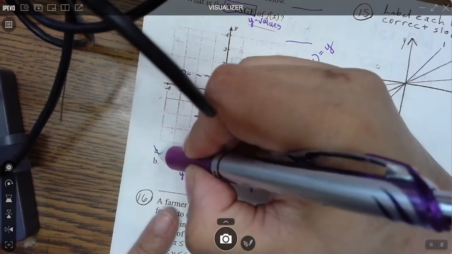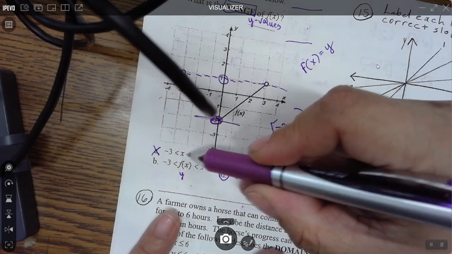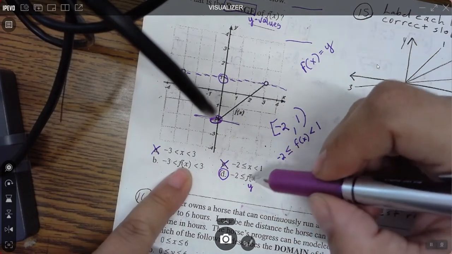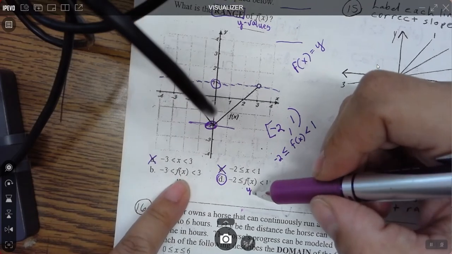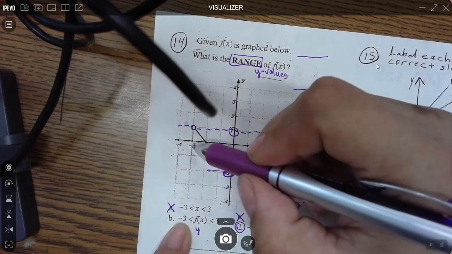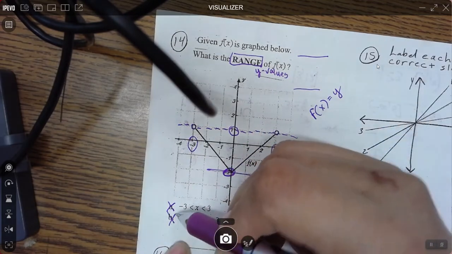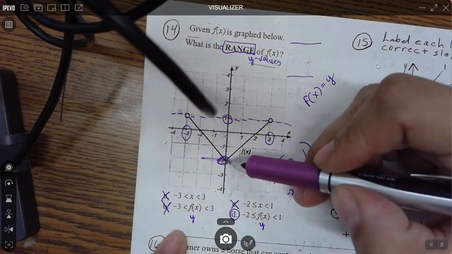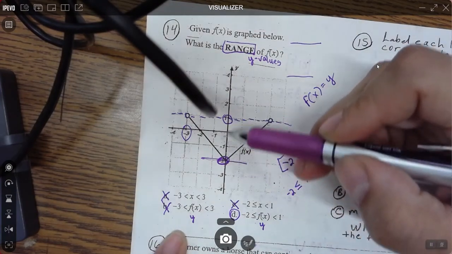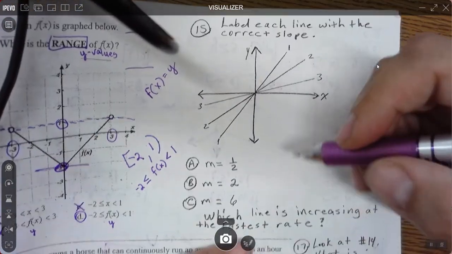It's definitely not this one and not this one, because x refers to the domain. F of x refers to the y. Now they try to trick you by doing -3 and 3, right? But those are x values, and that's why this is not the answer. You have to look at the y values to do the range. Right, this one.